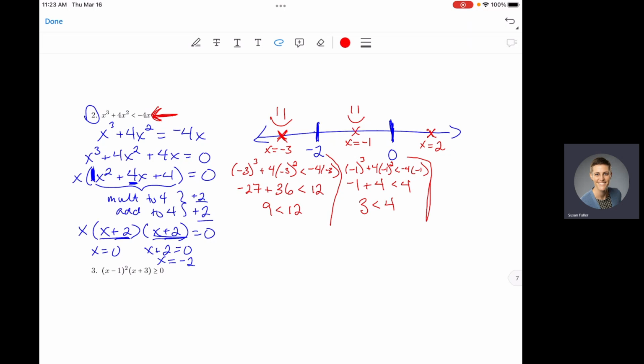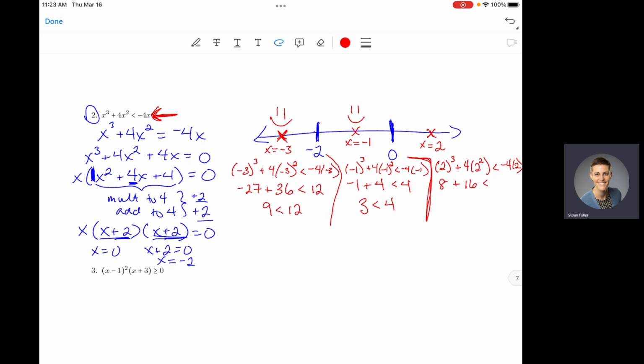And then finally, let's check 2 here. So if I take 2 and plug that in, it's my inequality. I'm going to get 2 to the third power plus 4 times 2 squared. That should be less than -4 times 2. 2 to the third power is 8, plus 2 to the second power is 4, times 4 is 16.